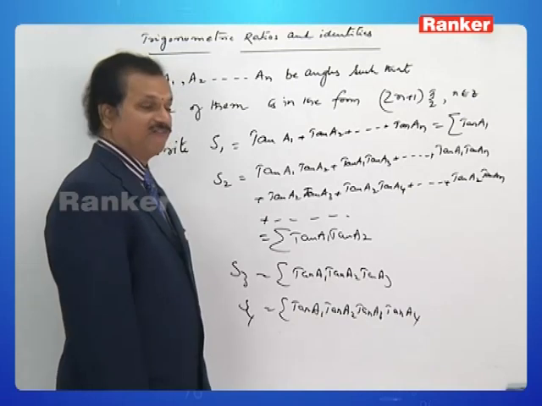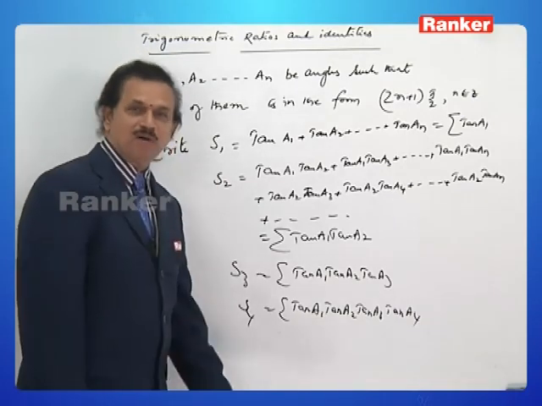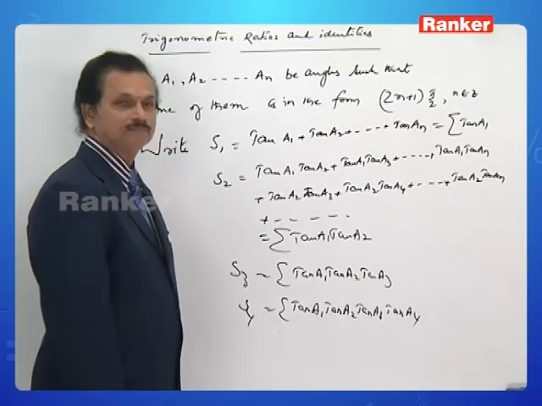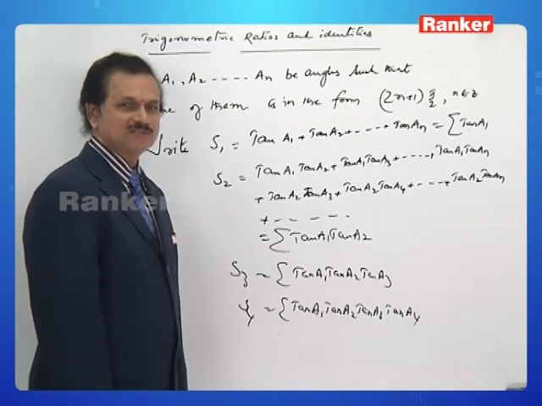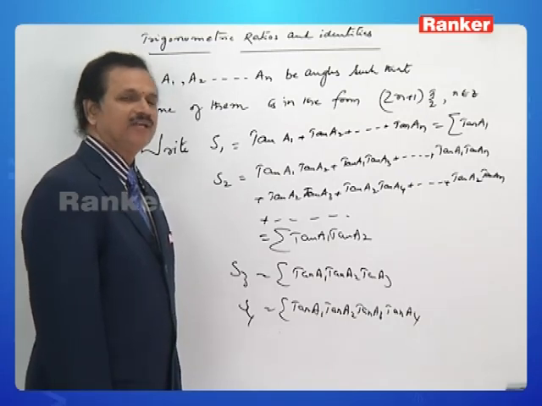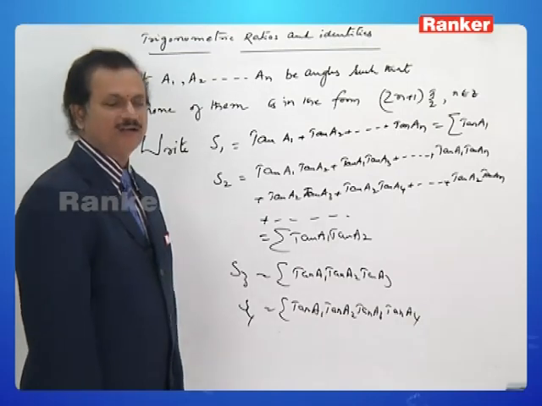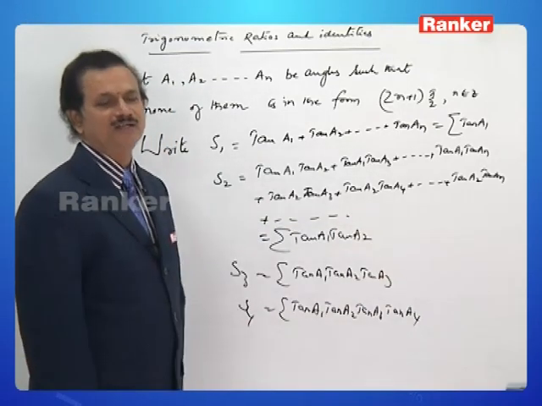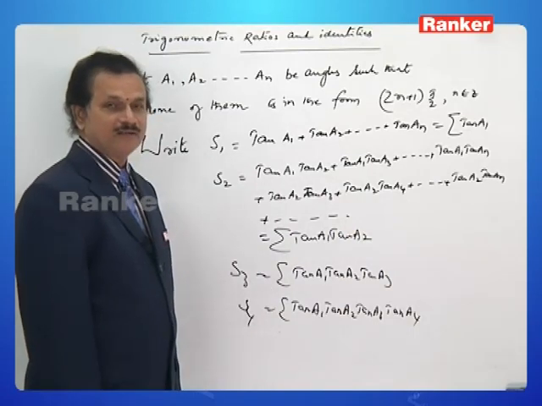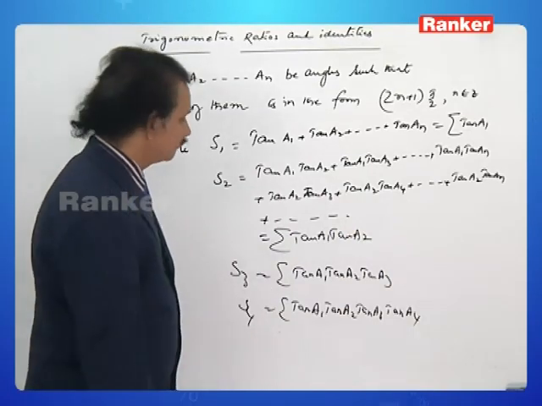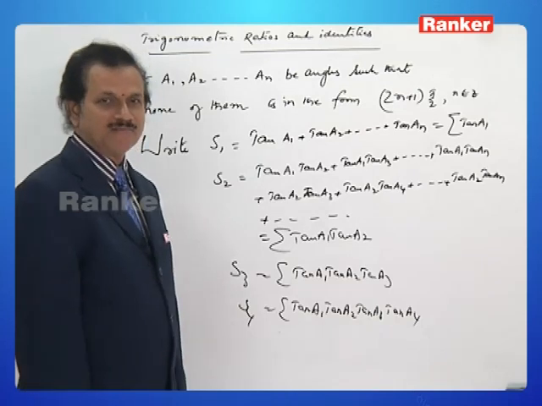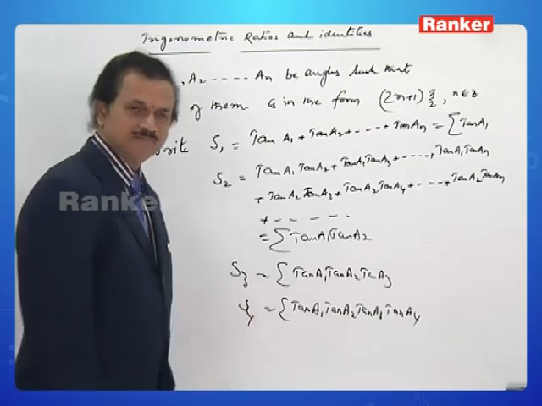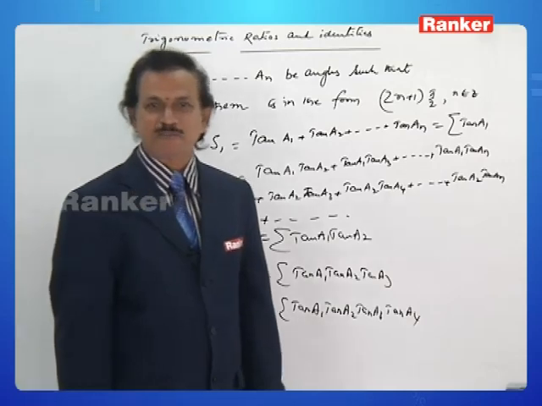Now, we make use of this symbolism, of course, to have sin of A1 plus A2 plus etc., cos of A1 plus A2 plus etc., tan of A1 plus A2 plus etc. We shall be having. You please wait. I think you could have understood this symbolism, this style of representation.